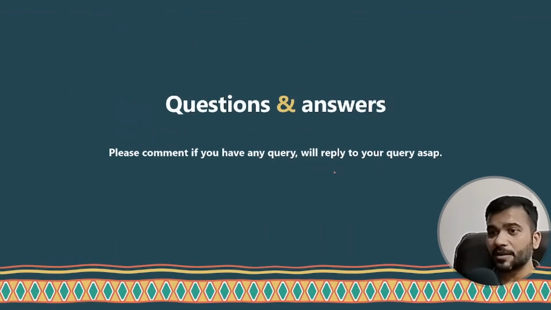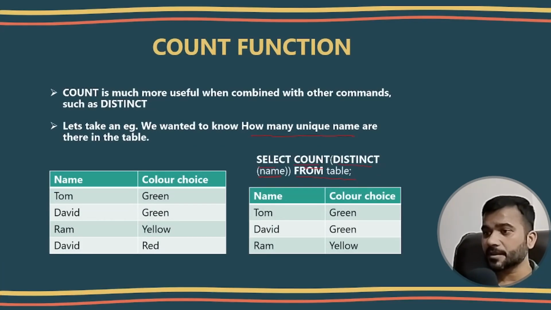And what will it return? Basically something like this: Tom, David, Ram. Why has it removed one David record? When we use the distinct function, first it runs the query and finds the distinct names, which are Tom, David and Ram. Then it picks those records and their corresponding color choices, which are green, green and yellow.